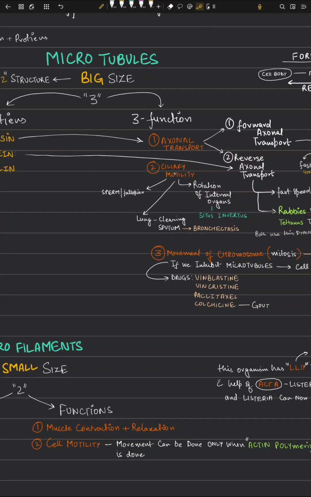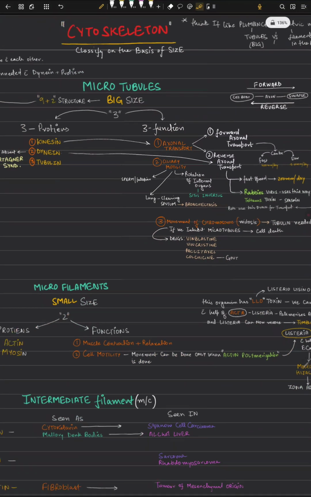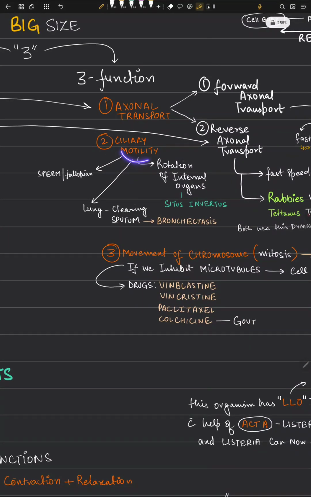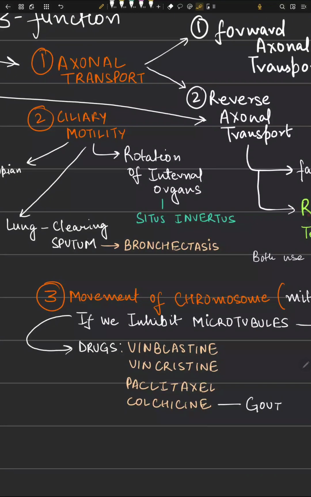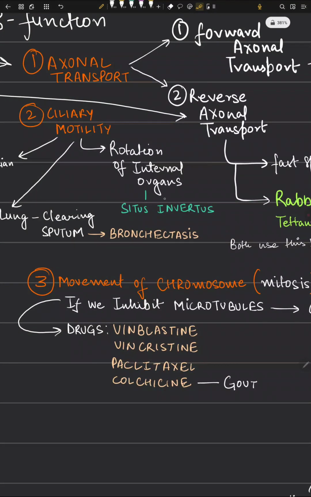Cool. Let's talk about the ciliary motility. What is the ciliary motility? This structure, remember? The rotation. Why do we need this ciliary motility? We need it because we want normal development in babies.